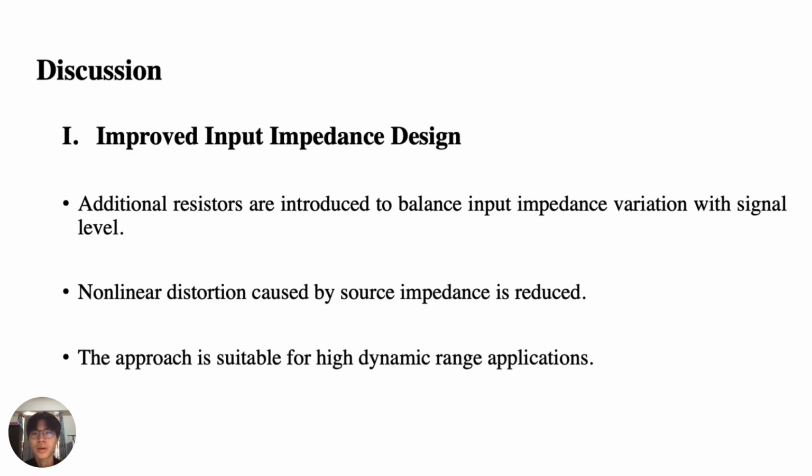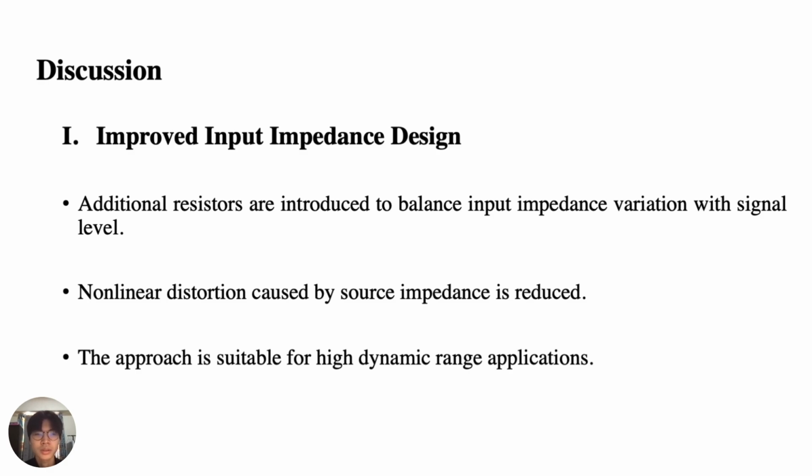Under small signal conditions, the input impedance is mainly determined by the resistor network and the transistor small signal parameter 1/Gm. As the input signal becomes larger, conduction gradually shifts to one side of the circuit, causing the effect of 1/Gm to diminish.